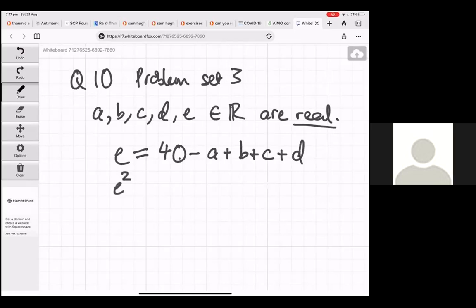And E squared is equal to 400 minus (A squared plus B squared plus C squared plus D squared).